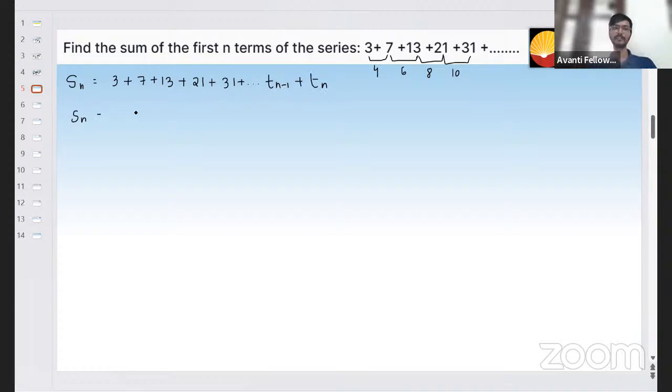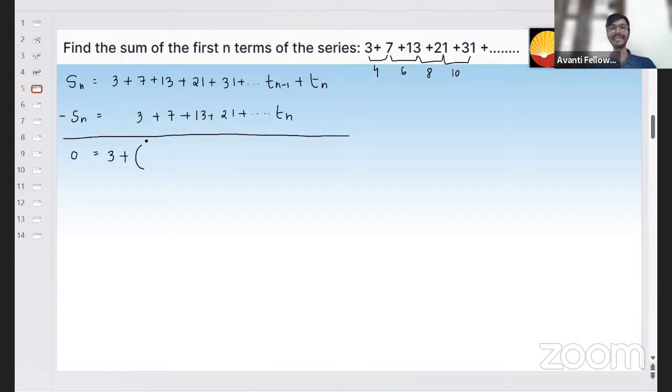So what we do in method of difference, we shift the terms. So I can write 3 plus 7 plus 13 plus 21 plus dot dot dot. Here I'll get Tn. आगे तो होगा नहीं, correct? And then we subtract. So if I subtract, here I'll get 0. Here I'll get 3 plus.